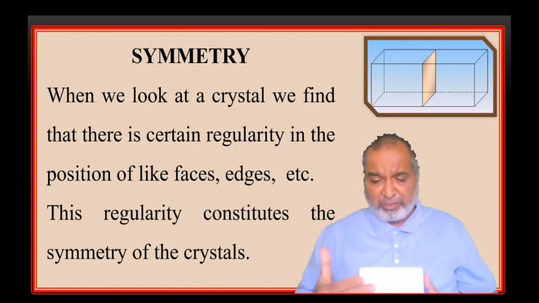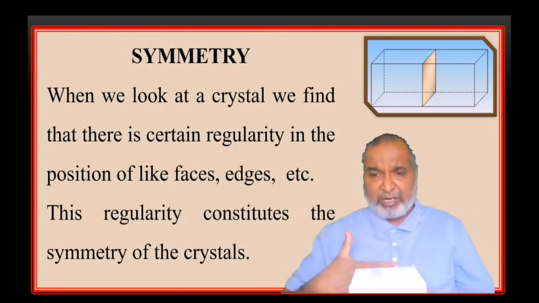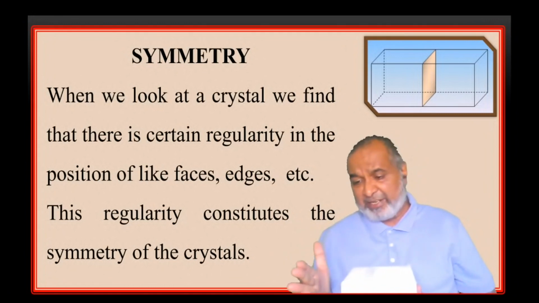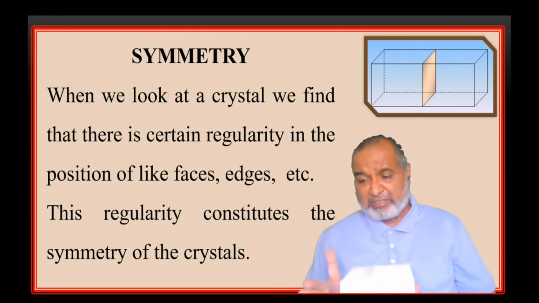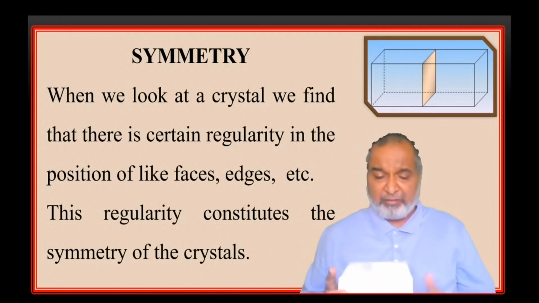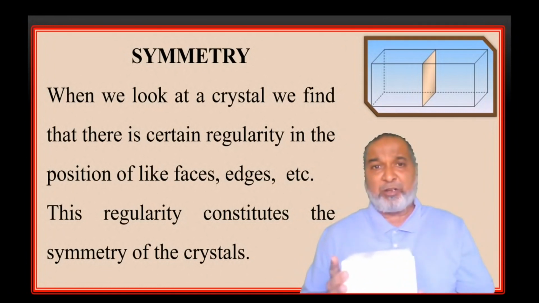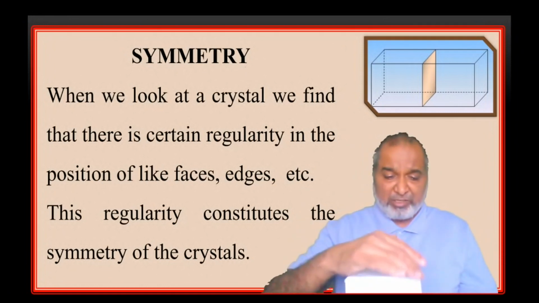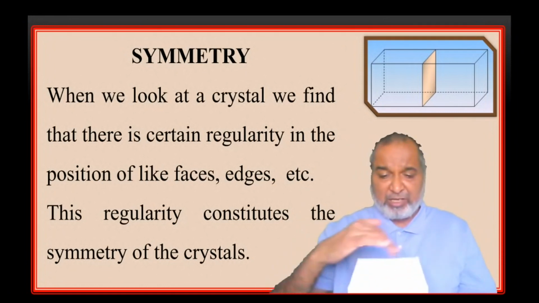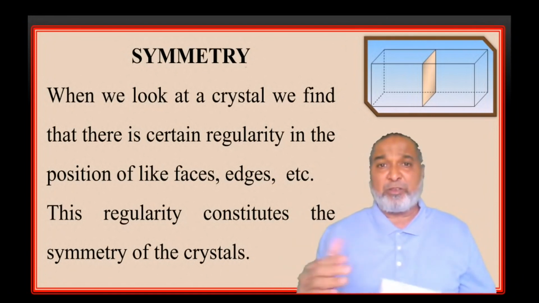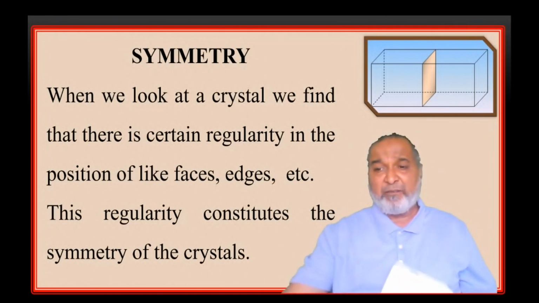When you see this cube, this face is exactly identical to the back face. Similarly, it is exactly identical to the side face on the left hand or right hand, top and bottom. So all are identical. Corners are identical. Edges are identical. So this regularity we want to see in a system, that is called the symmetry of a crystal.